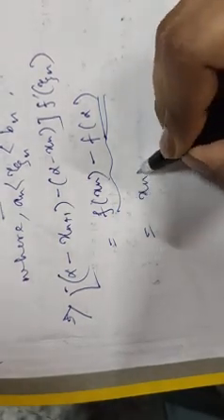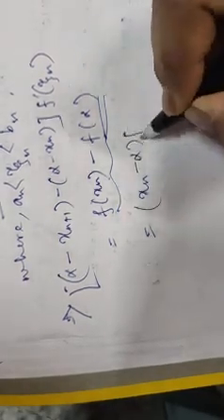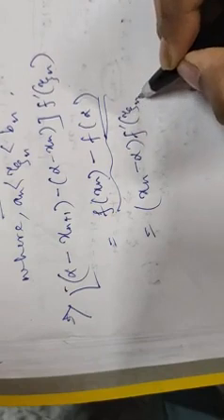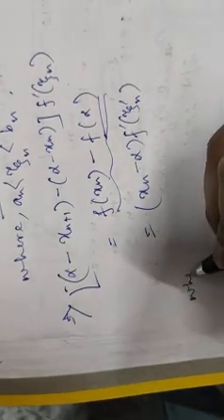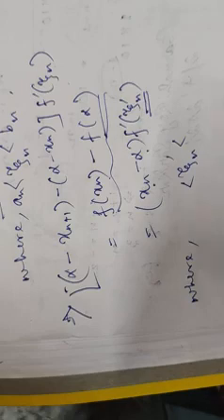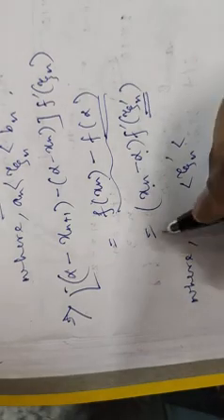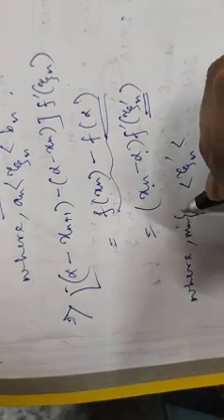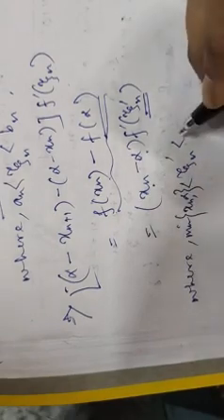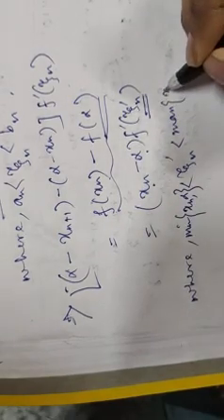Now over this part we are applying Lagrange's MVT again. Then we can write it as xn minus alpha into f dashed xi n dashed, where this xi n dashed belongs to xn and alpha, but we don't know which one is smaller and which one is greater. So we are writing minimum of xn comma alpha to maximum of xn comma alpha.